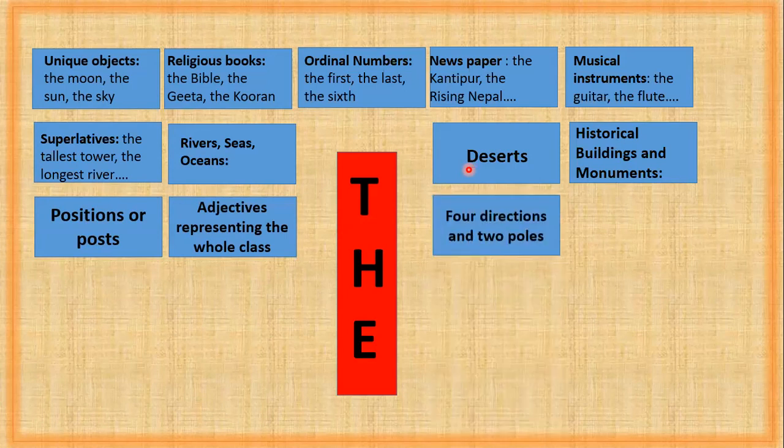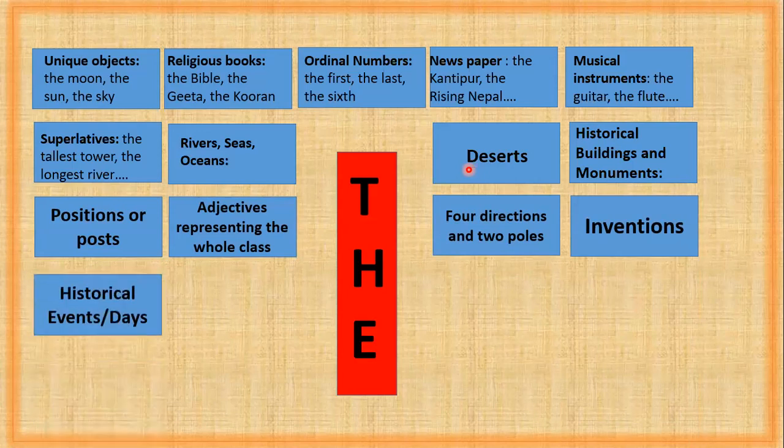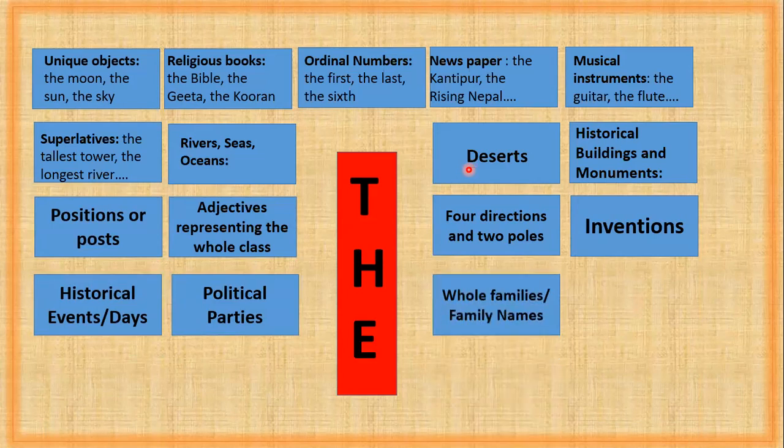Similarly, before four directions and two poles, the east, the west, the north, the south, and the North Pole and the South Pole; before inventions, the radio, the mobile, the computer; before historical events or days like the Democracy Day, the Independence Day, the Martyrs Day, the Children's Day; before political parties like the Nepali Congress, the Communist, the Republican; before whole families or family names like the Neupanes, the Mughals, the Ranas, the Gurus; before the physical positions too.